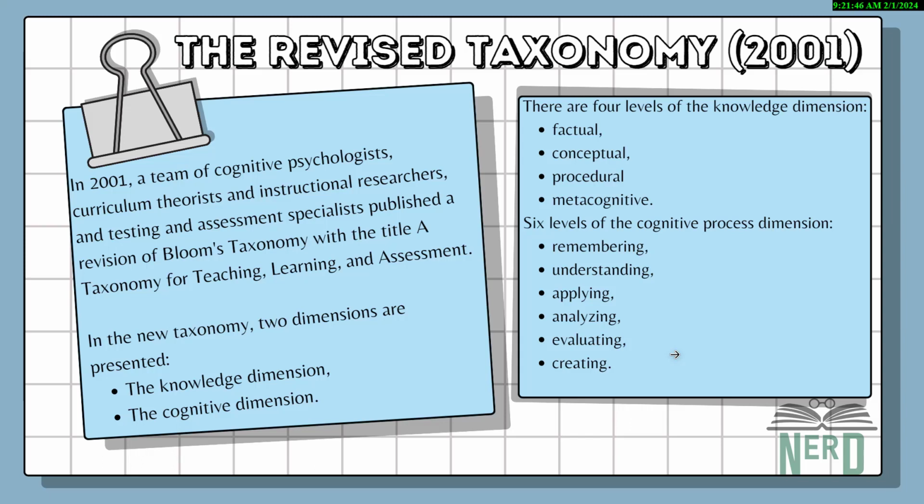Remembering, just like it sounds, or recalling facts; understanding, like grasping the meaning of information; applying, using what you know in new situations; analyzing, breaking information into parts to explore understanding and relations; and then evaluating, like making judgments based on criteria and standards; and creating, which is like putting elements together to form a new coherent whole or make an original product, right?